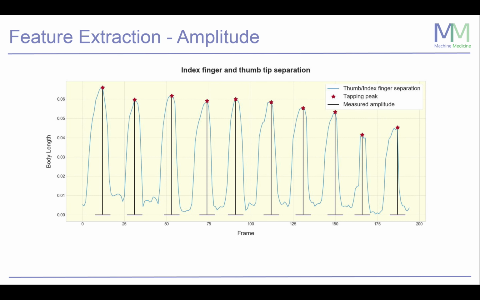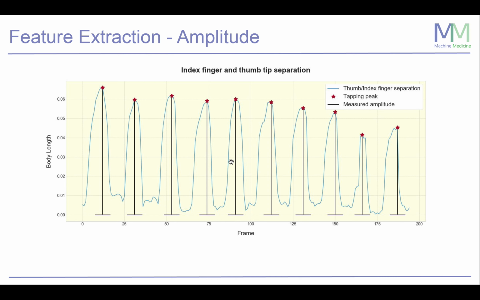We can do something very similar for amplitude. Again, we've started by identifying each individual tap, and then we measure the amplitude from the position at which the thumb tip and the fingertip are essentially pressed against one another, which is 0, up until they're at full extension when they're separated maximally. And here we can see visually that there's a decrement in amplitude.